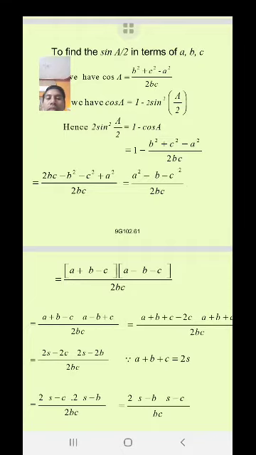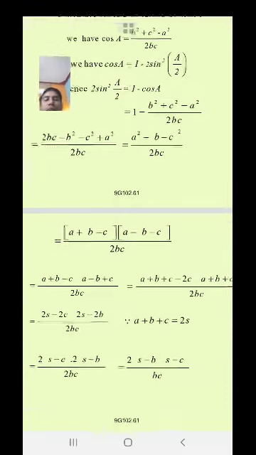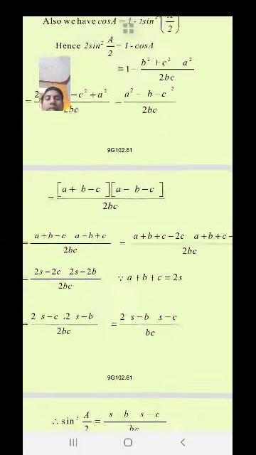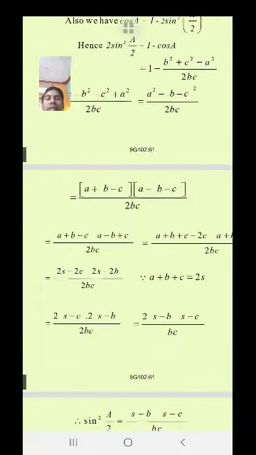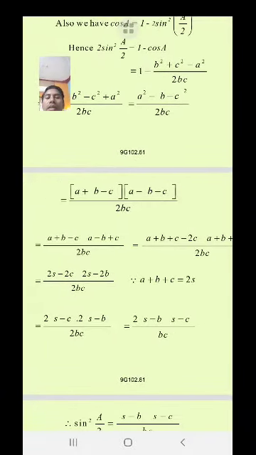Next step, if we observe, two factors are there, and in the first factor we are adding c and subtracting c. So the part becomes a plus b plus c minus c, meaning minus 2c.